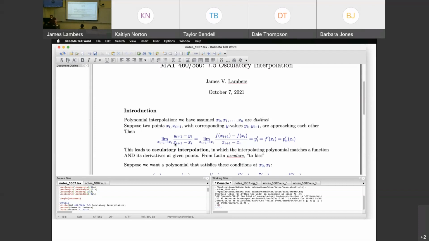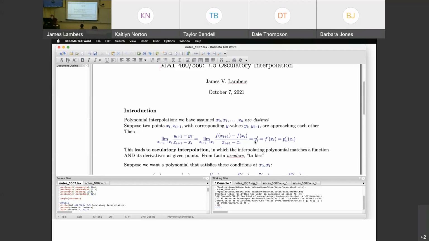So I'm taking the limit as xi plus 1 approaches xi, and then the corresponding y values would also approach. And if we think of our y values as coming from some function f of x, then in the limit, of course, we're going to get the derivative.